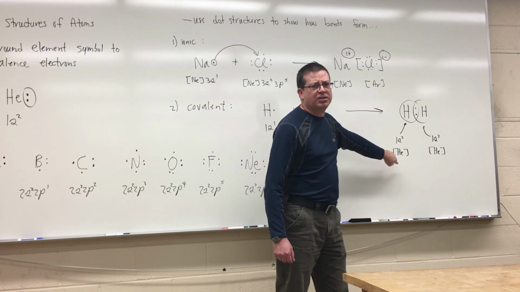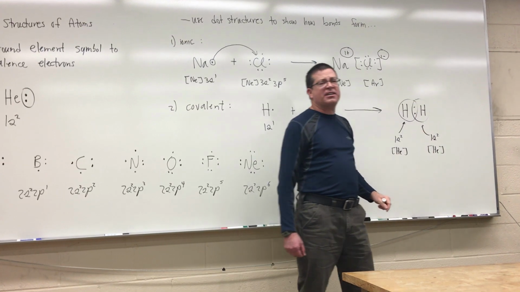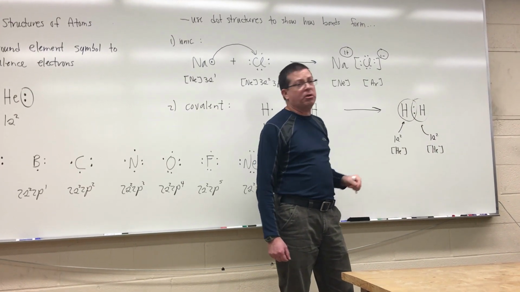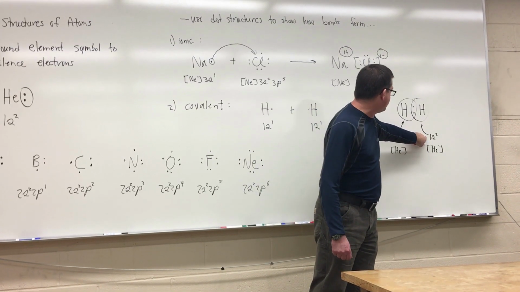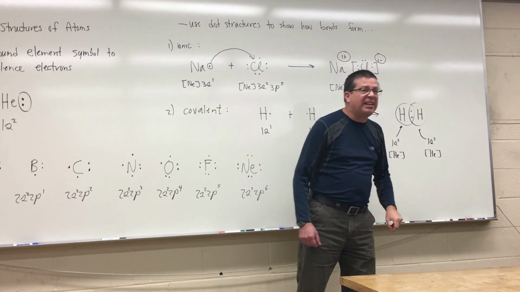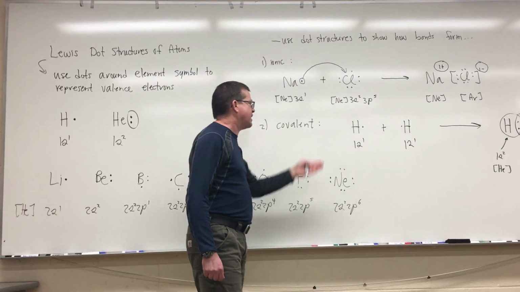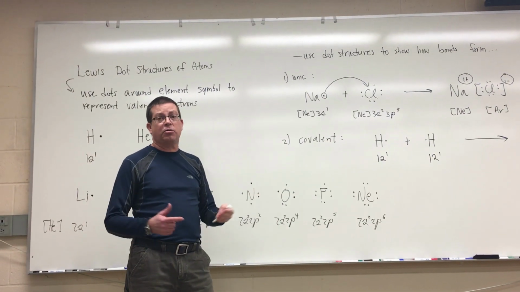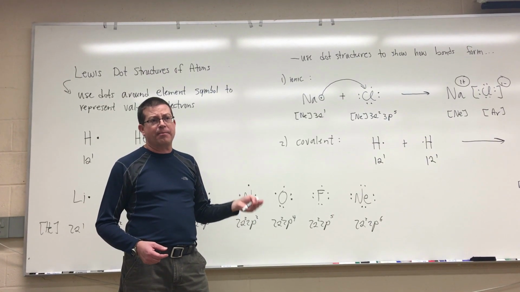That hydrogen is now stable and happy. Likewise, at any moment in time, the second hydrogen on the right could lay claim to both of those electrons. So that hydrogen also has a 1s2 configuration, which is also helium, which makes it happy. So now we've shown that I can share electrons by way of these Lewis dot structures to form stable covalent compounds.